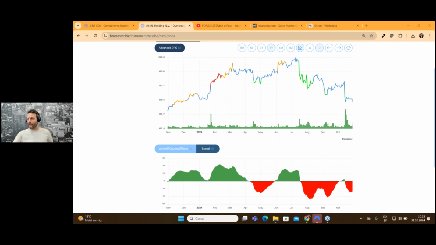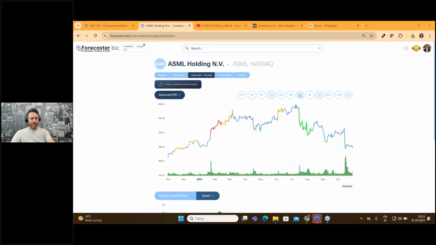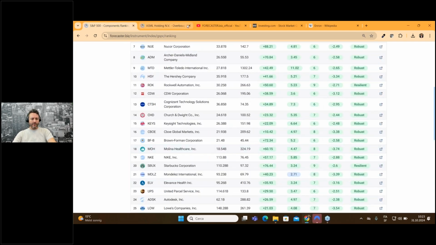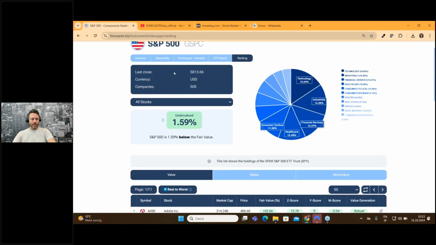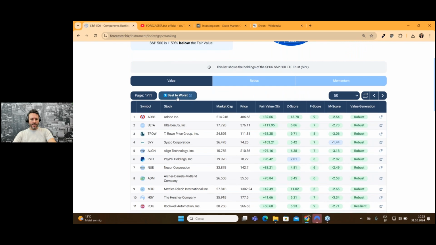And so we have all the signs that this fundamentally very interesting share is making a bottom, a very important bottom. Okay. I would like to show you something else, guys, because if we go, for example, on the S&P 500 and we go to all stocks and we click the best to worst button, in the first line we can find Adobe.